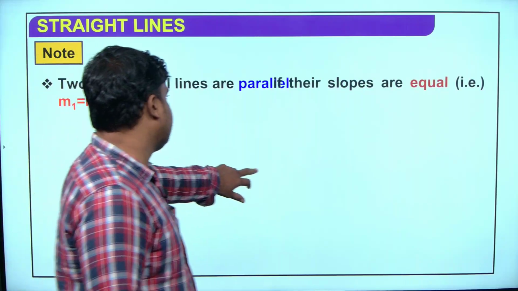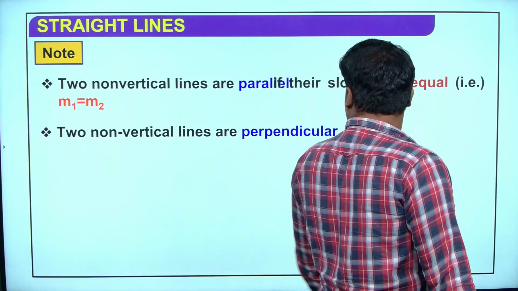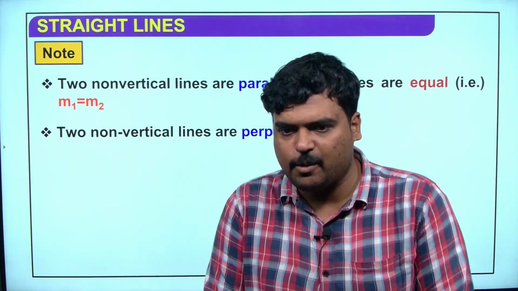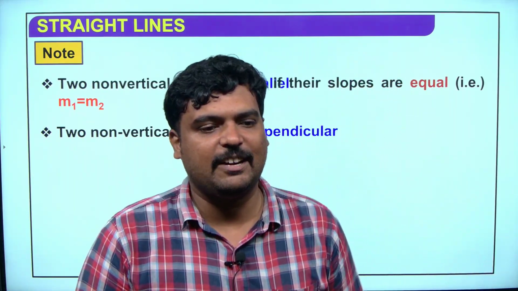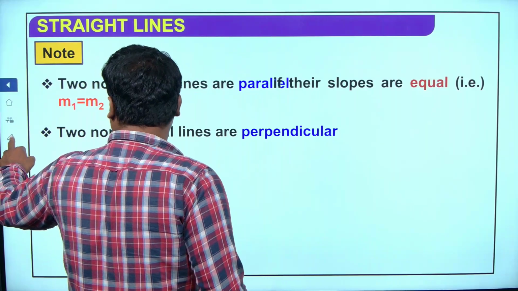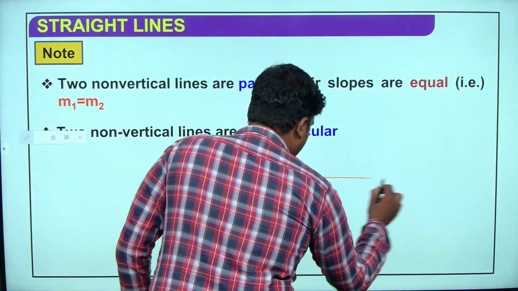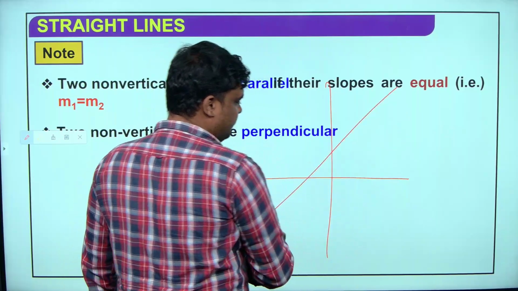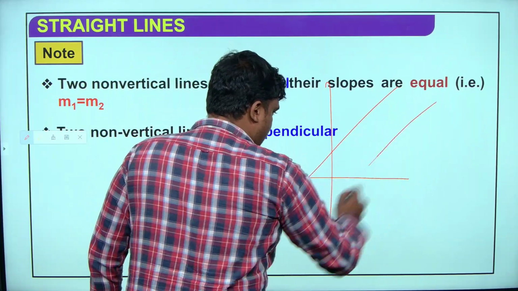Okay, guys, next is, if the slopes of two lines are equal, then we are going to call the lines what? Parallel. Okay, so guys, very simple. Why does it have to be equal? See, now I am having axes. I have drawn a line and I also drew one more line.